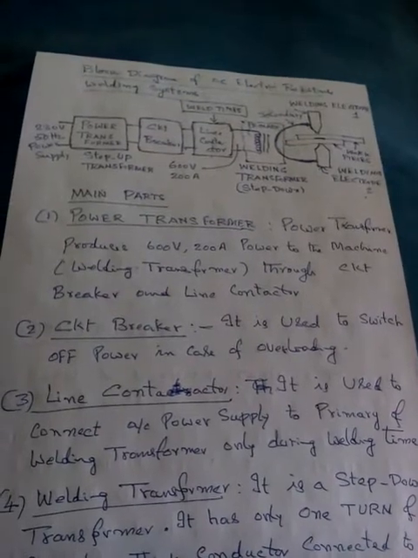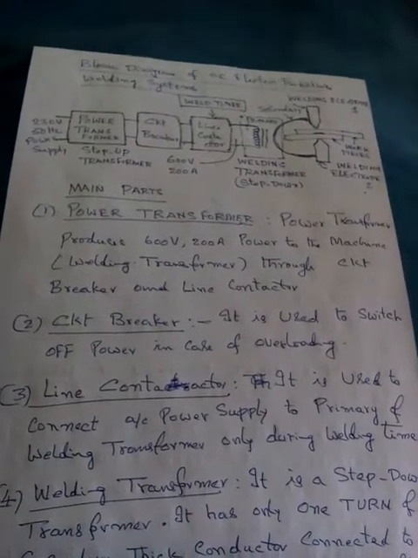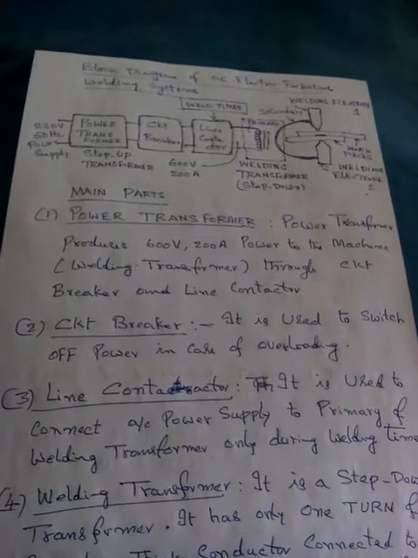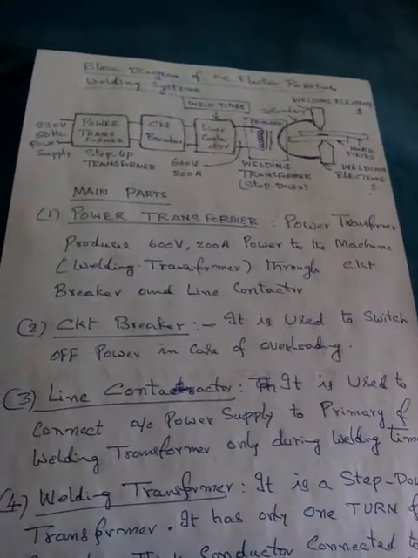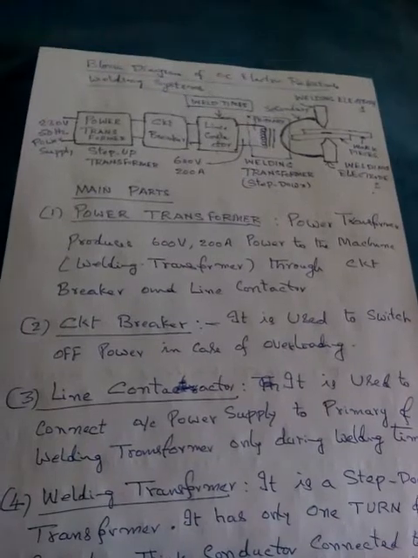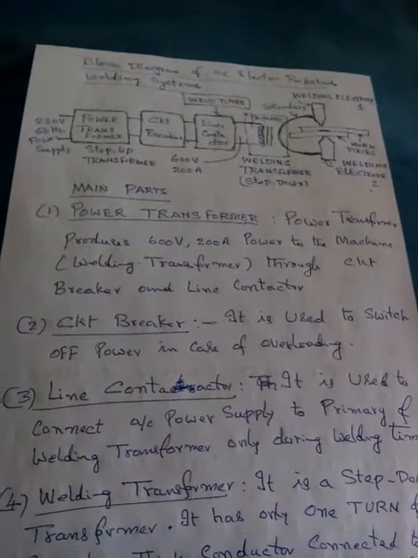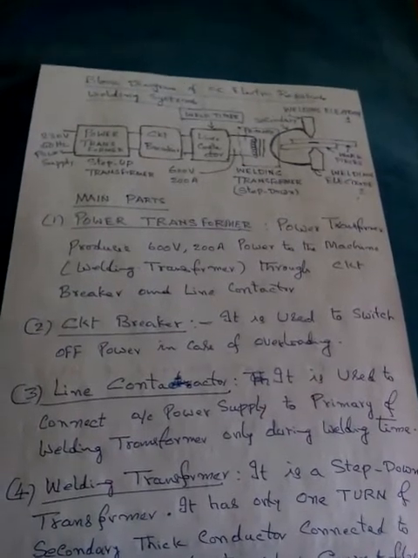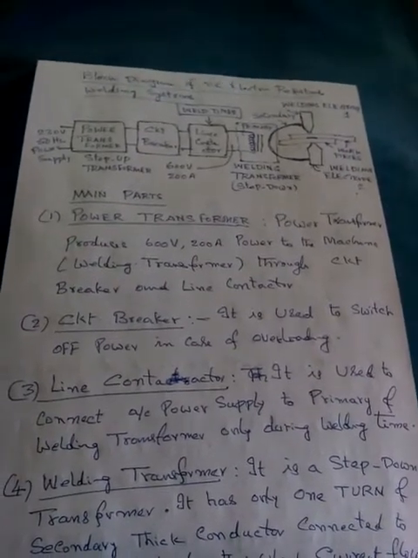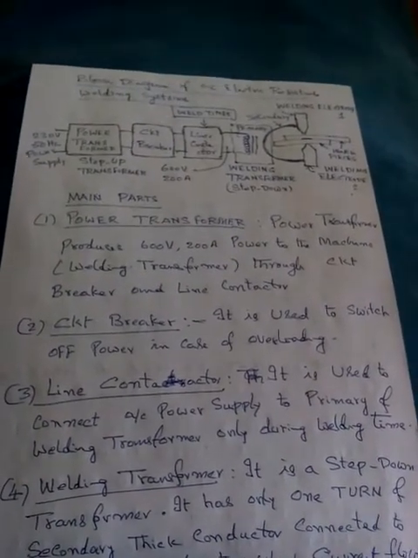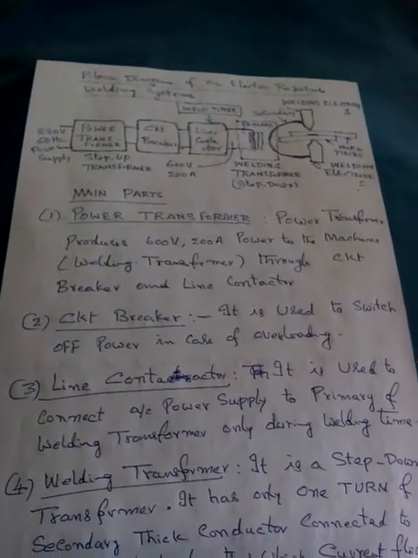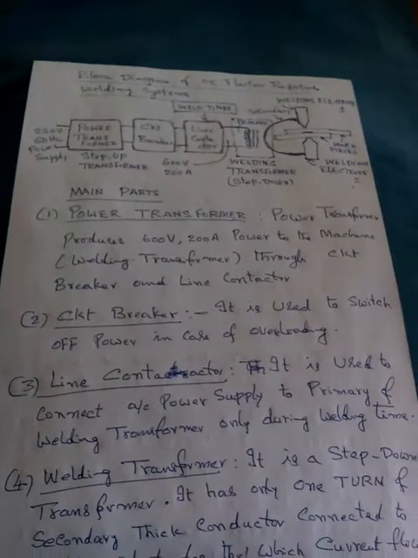It is used to connect AC power supply through the power transformer and circuit breaker to the primary of welding transformer only during welding time. So the output of line contactor is connected to primary of welding transformer. It is connected only during welding time. The timer will be on at that time.